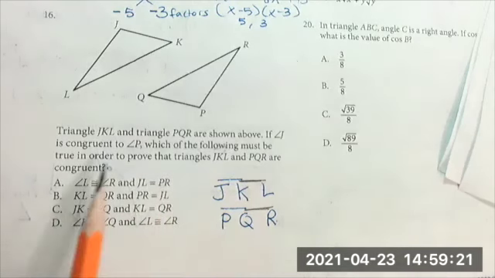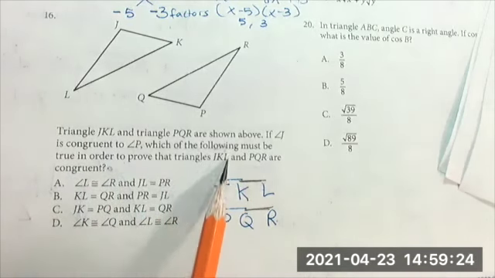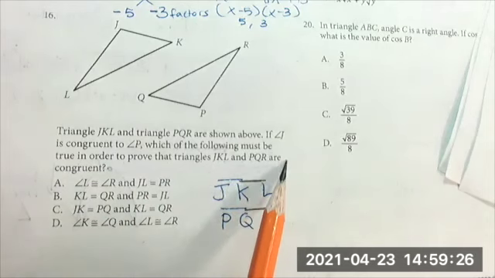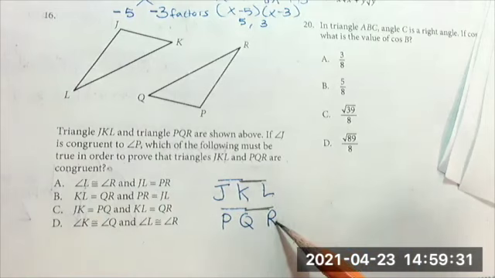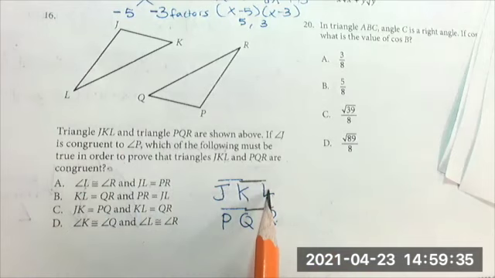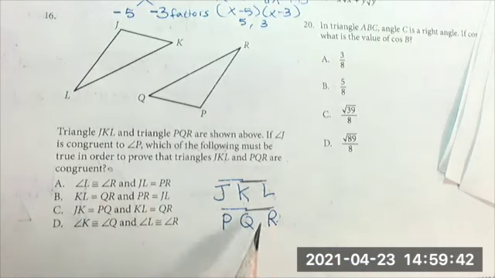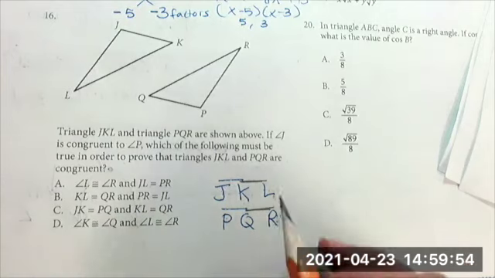So which of the following must be true in order to prove that triangles JKL and PQR are congruent? Angle L is congruent to angle R, and JL is equal to PR. This is the next one. KL equals QR, and PR equals JL. Let's read that again.